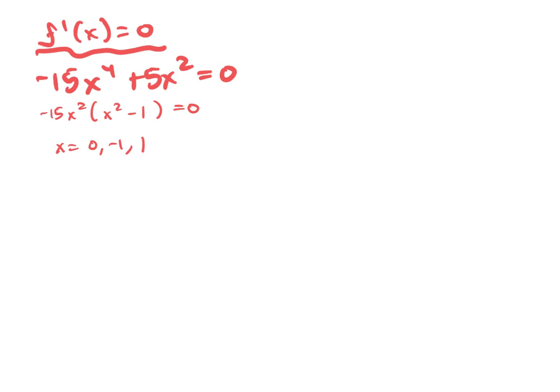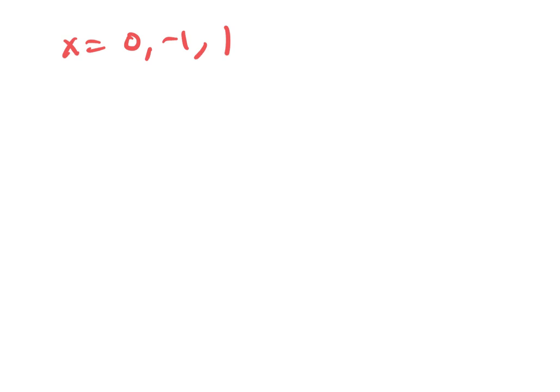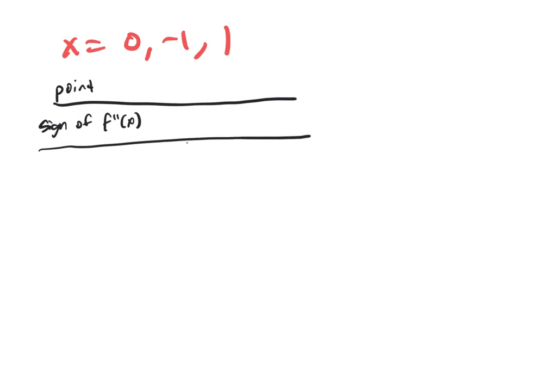I'm going to start over here, zoom in a little bit, save some space. So we're going to take those values there, that 0, negative 1, 1, that's where the first derivative equals 0, and we're going to organize it like such. We're going to test specific points. We're going to figure out what is the sign of the second derivative at that point, and therefore what is the conclusion that we can make from that, okay?